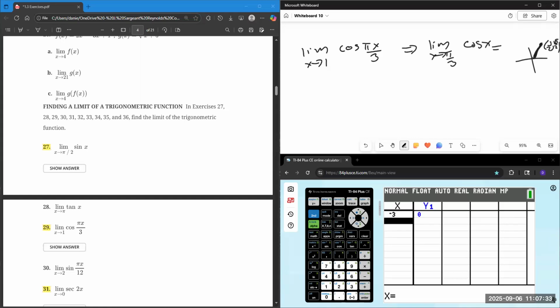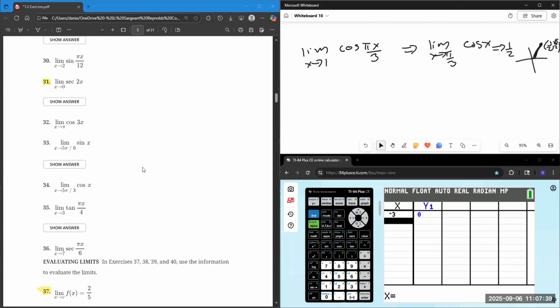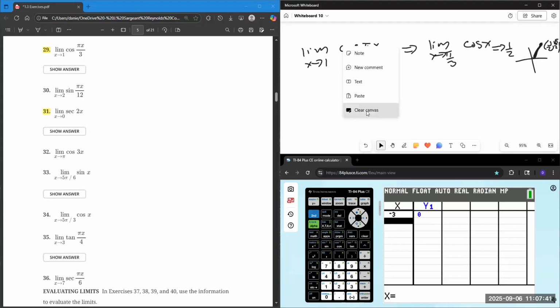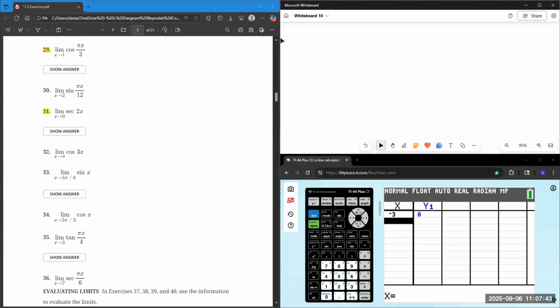So this is getting close to 1/2. And then 31 is limit as x approaches 0 of secant 2x. That's getting close to secant of 0, which is 1.